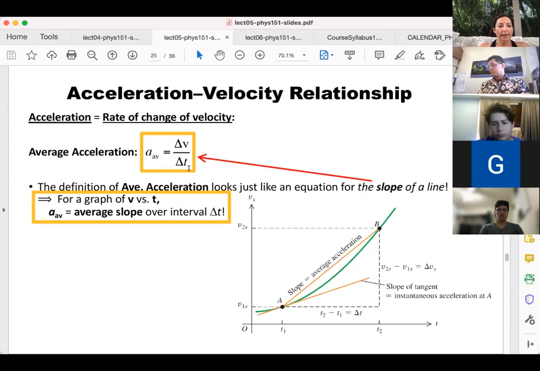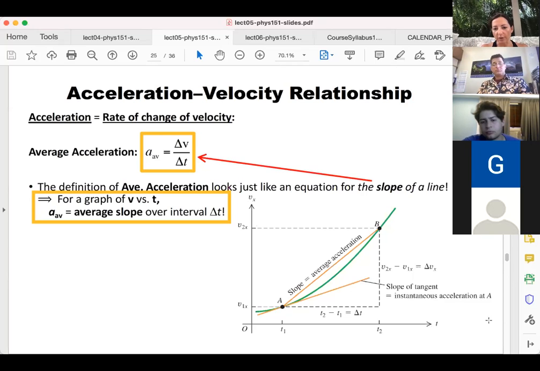So let's look again at the average acceleration, which is what we just calculated in the example before. It is delta V over delta T. Indeed, we just did it: V final minus V initial. And it is the slope over the interval delta T. So if we want to visualize it, this is V now, no more X. So pay attention to this because they all look very, very similar.